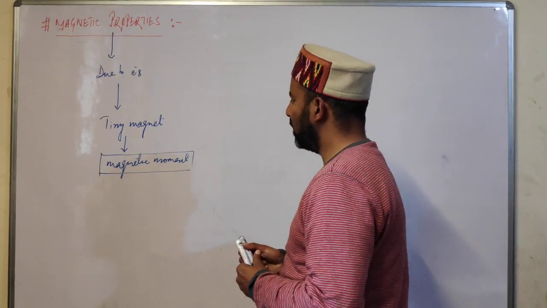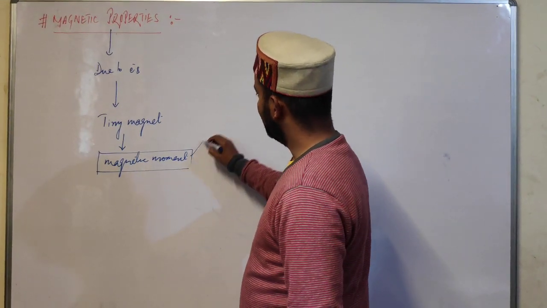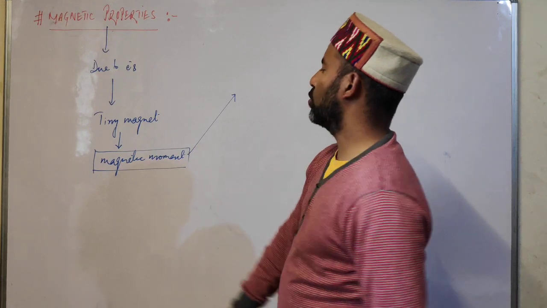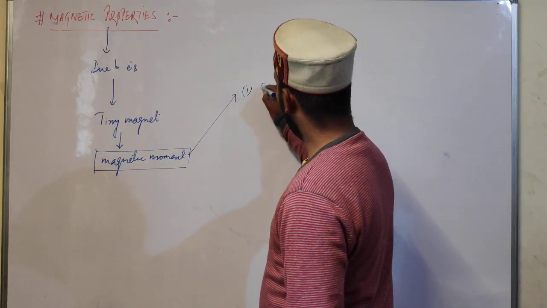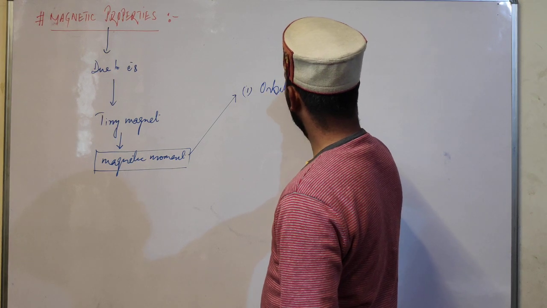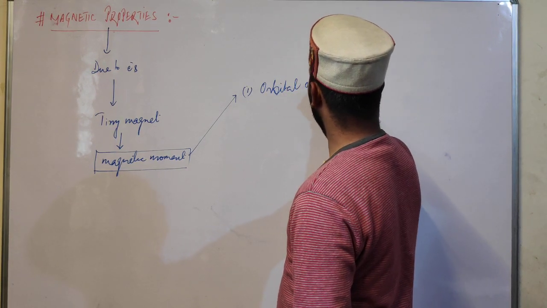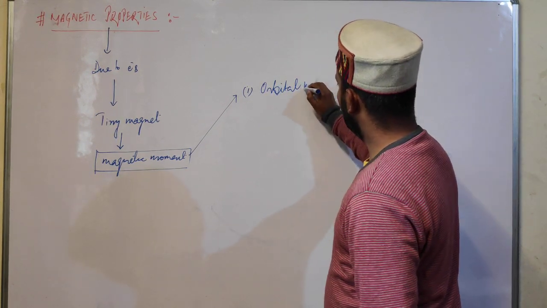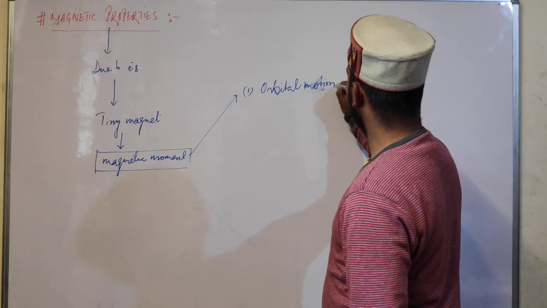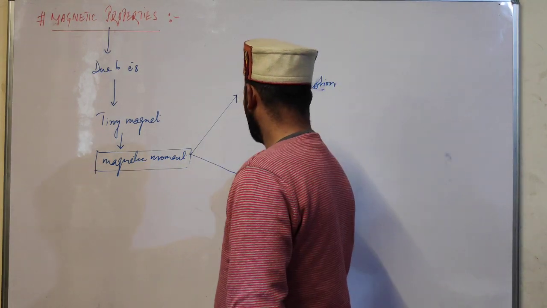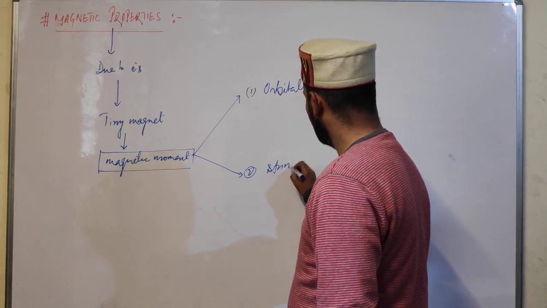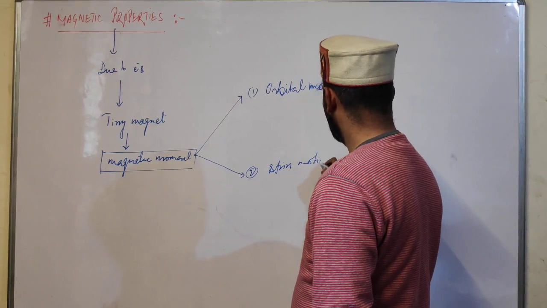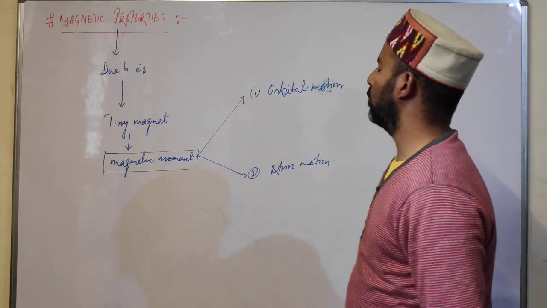So students, let me tell you that magnetic moments associated with electrons are due to their orbital motion around the nucleus. Or this is due to what? Their spin motion. Electrons can spin about their own axis.